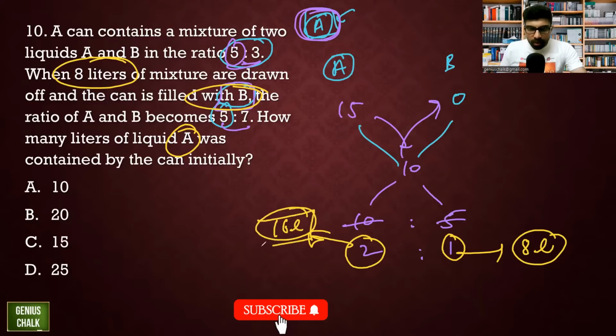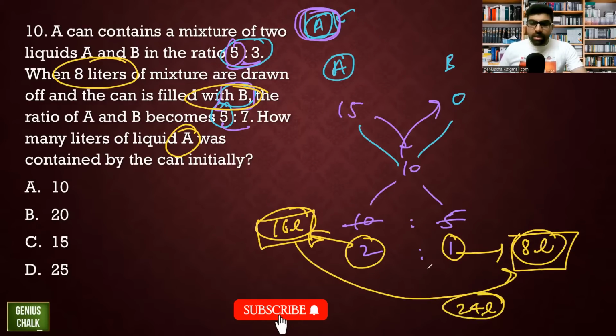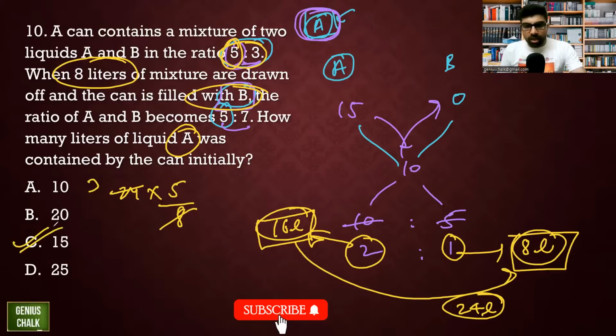So 16 liters was the original one. 8 liters we have replaced, right? So what should be the total? It should be 24 liters. That means in the beginning, it has to be 24 liters. And what is the ratio in the beginning? 5:3. And it is asking you for A, so 5 by 8. That is again 15 as the answer.